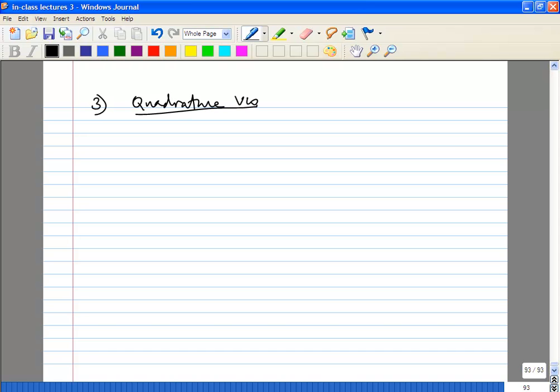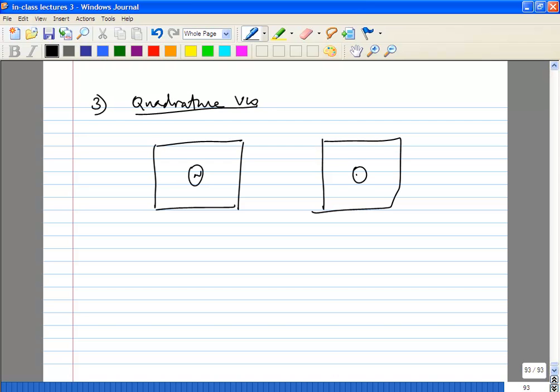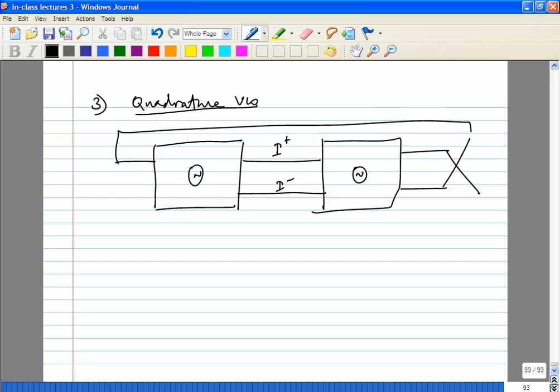So the third option is to design a quadrature VCO. What you are going to do is take two VCOs, this I minus, so let's say this.